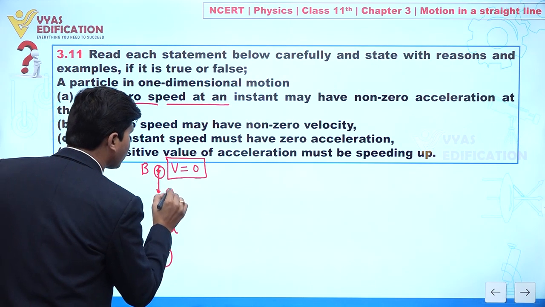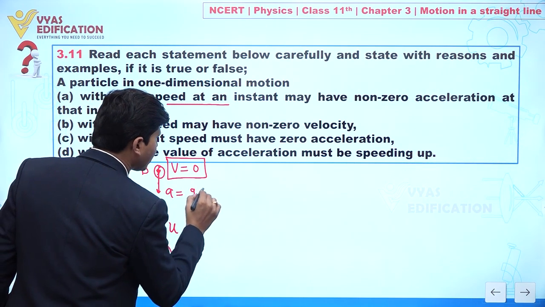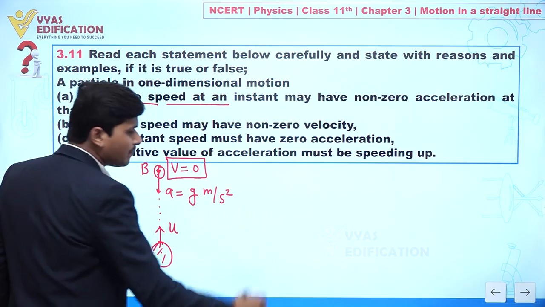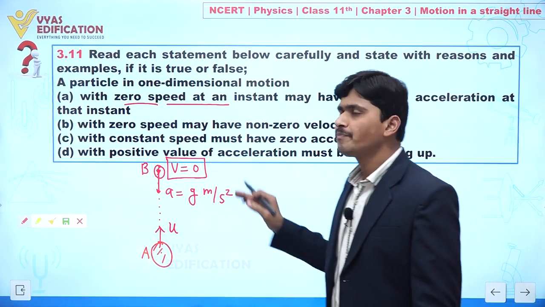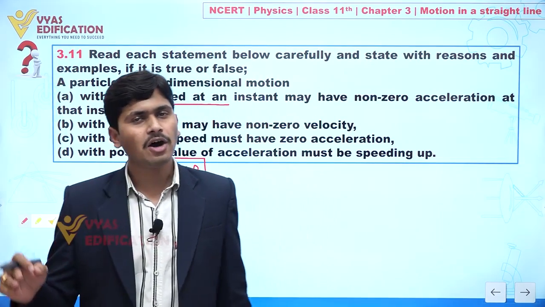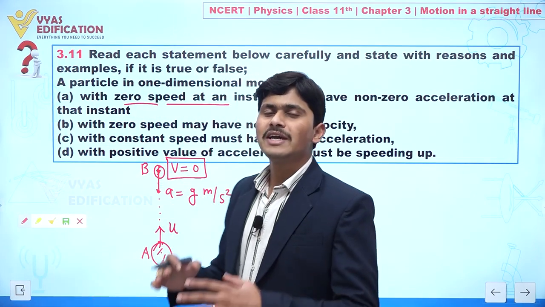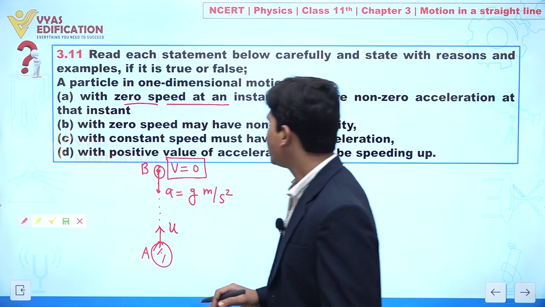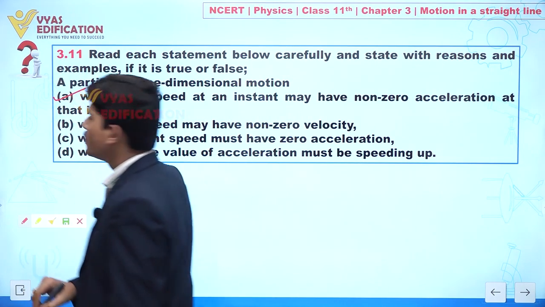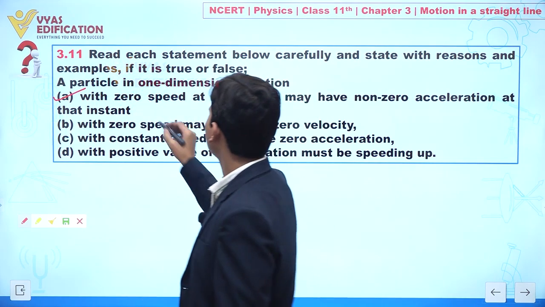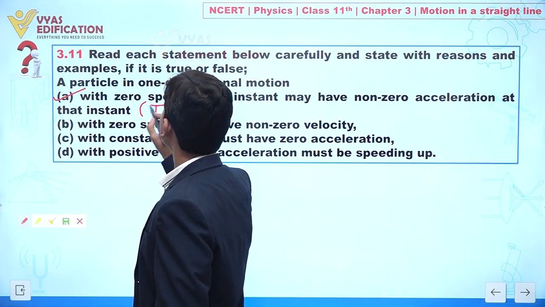Acceleration always acts in a downward direction, and it is equal to g meter per second square. So we can say at maximum height the velocity or speed of the particle is 0, but we have non-zero acceleration. Clear? So from here we can say part number A is true. Yes or no? So this is a true statement.